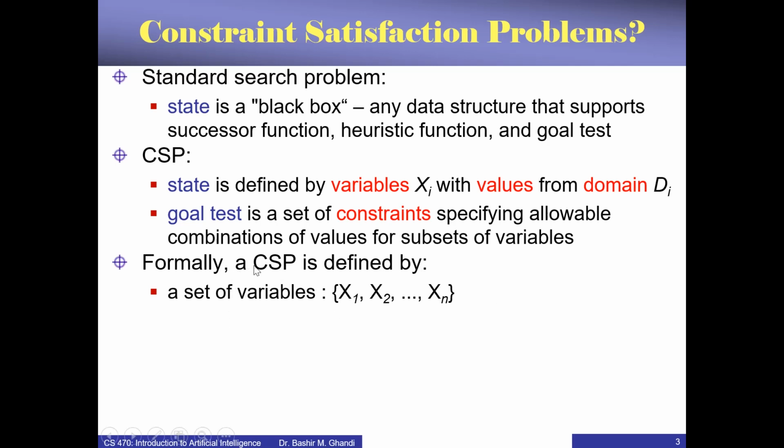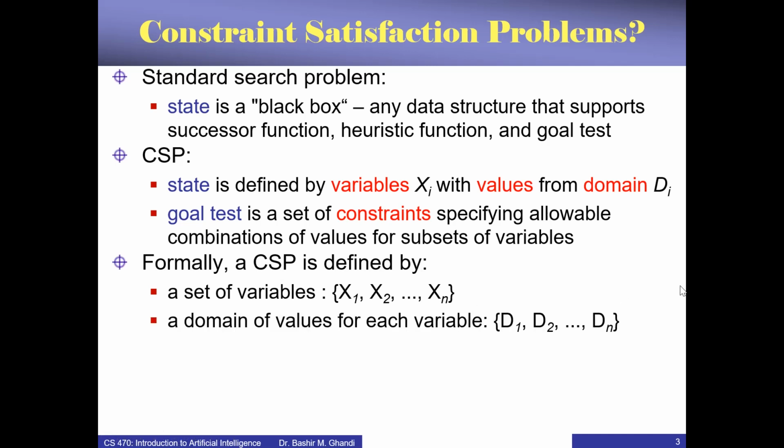A constraint satisfaction problem consists of three things. One, a set of variables, x1, x2, and so on until xn. A set of domains, d1, d2, and so on until dn.